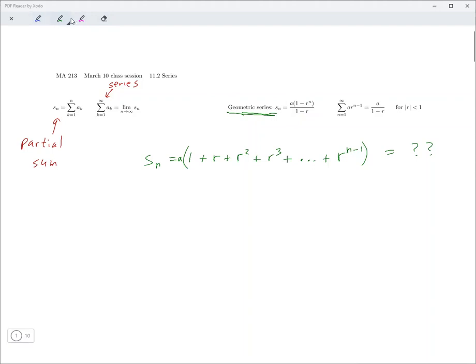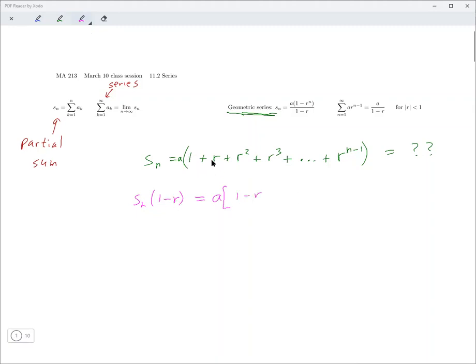Okay, so if I take all this and I multiply by 1 minus r, then imagine taking 1 minus r and multiplying it by each of these terms. If I take 1 minus r and multiply the first term, it's 1 minus r, right?